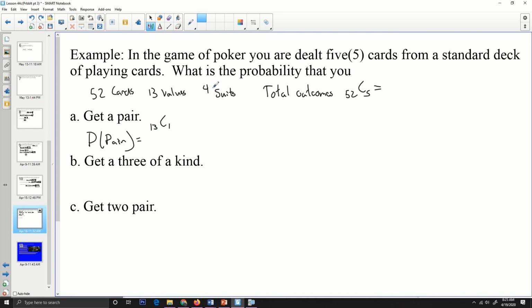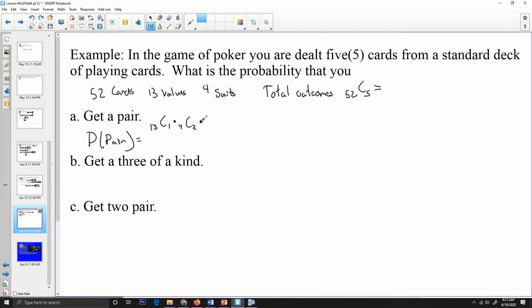There's a 3 of hearts, a 3 of diamonds, a 3 of spades, and a 3 of clubs. So there are 4 cards of which I'm choosing 2 of them to get my pair. I could get a 3 of hearts and a 3 of clubs, or a 3 of hearts and a 3 of diamonds. It doesn't matter what the pair is, but there are 4 of them of which I'm choosing 2.